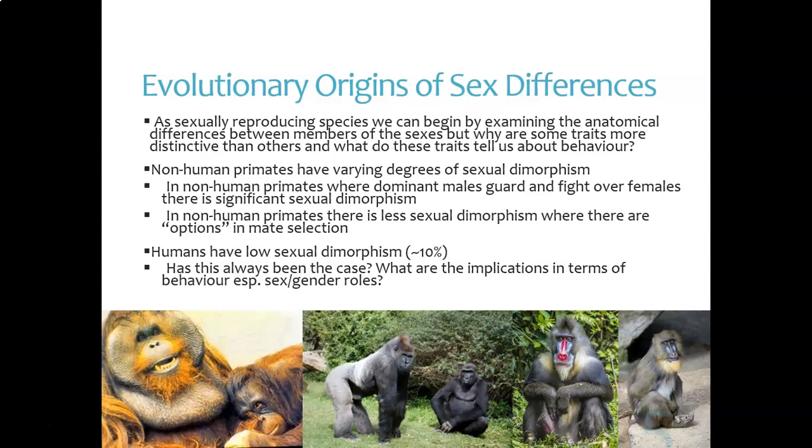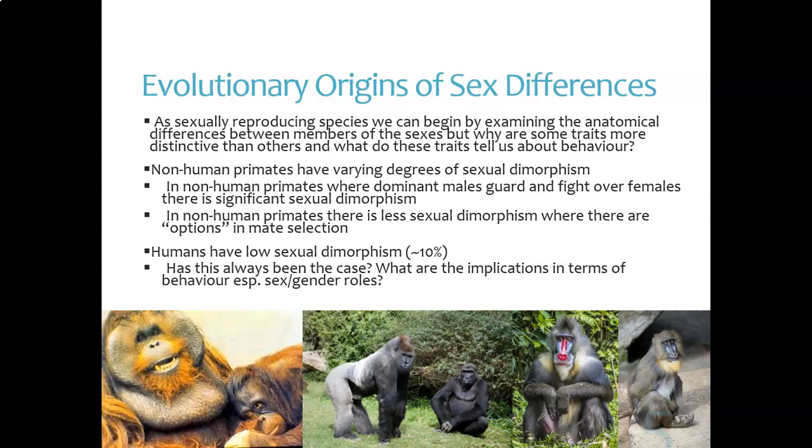And the reason why we focus on that is that if we look at orangutans or gorillas or baboons, such as what are represented at the bottom of the slide here, we see that males of those species are significantly larger than females. And in some cases, it can be up to 40 or 50% larger than females of the same species, right?